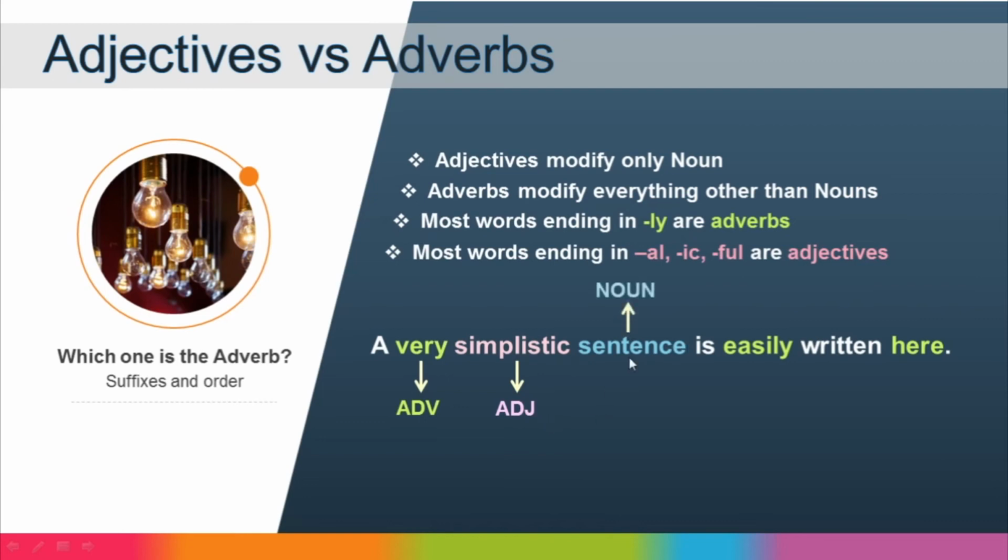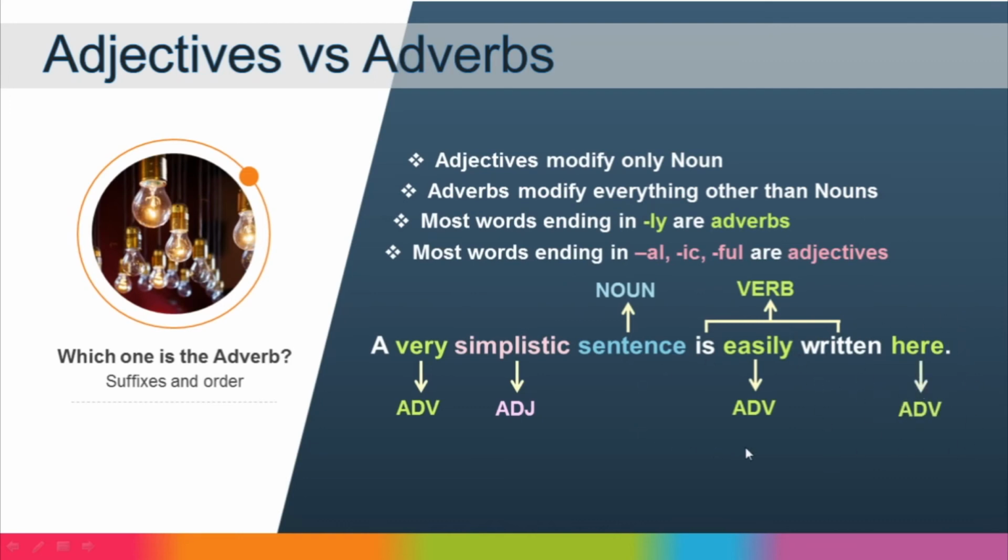Sentence is a noun, as we all know. This is the name of things. Easily written here. Easily here is an adverb because it modifies the verb written. How is it written? Easily. And where is it written? Here.